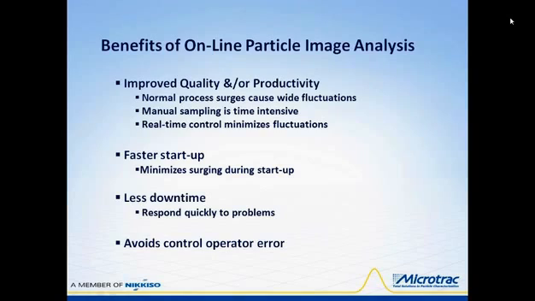Less downtime: respond quickly to minor process problems like screen clogging, pump leaking, or surge tank overflow to save the process from catastrophic shutdown. It also avoids control operator error when an online analyzer result is input directly to automated feedback control loops.